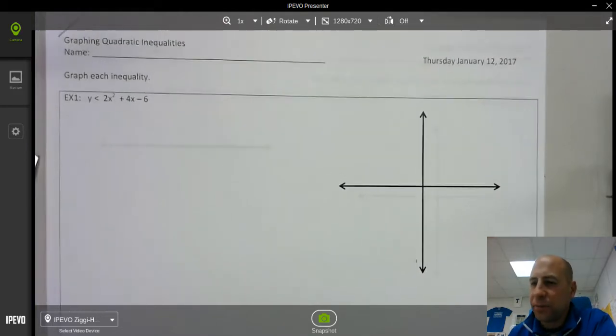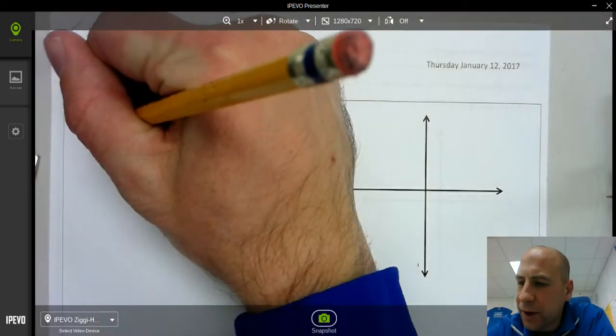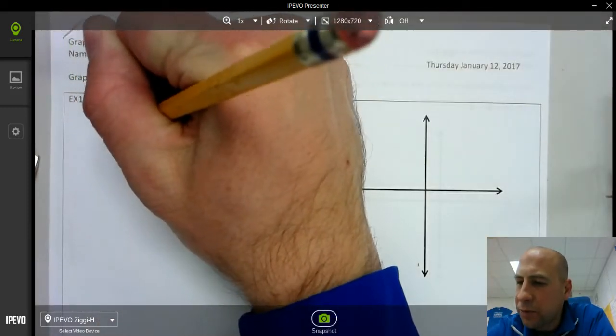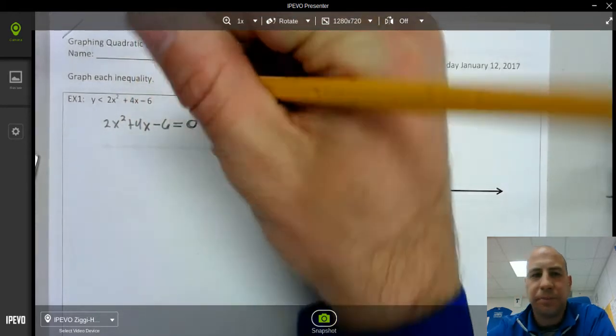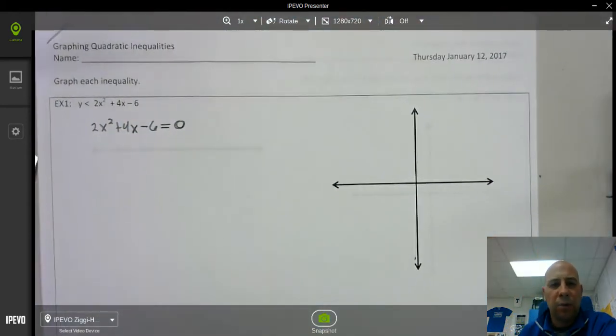Okay, so what we're going to do first is set 2x squared plus 4x minus 6 equals 0. Now, I didn't write them in the steps because I think it would kind of confuse the steps a little bit, but whenever solving for the X-intercepts, I would step 1, try to factor. If you can't factor, then try to complete the square. If you can't complete the square, then do the quadratic formula.